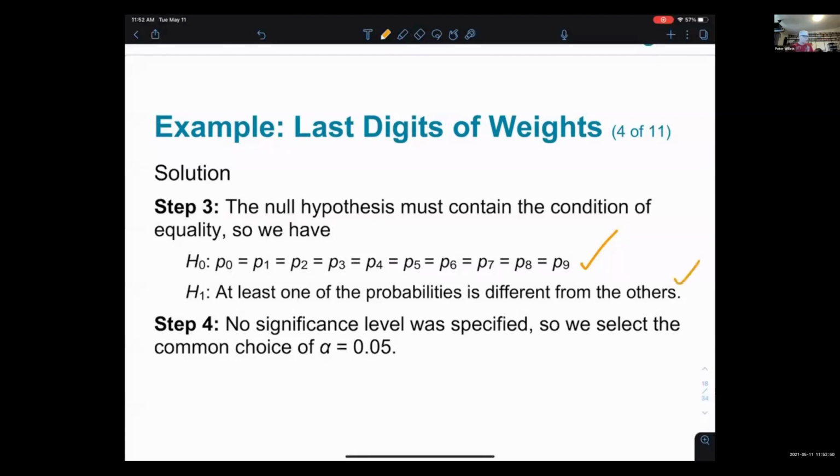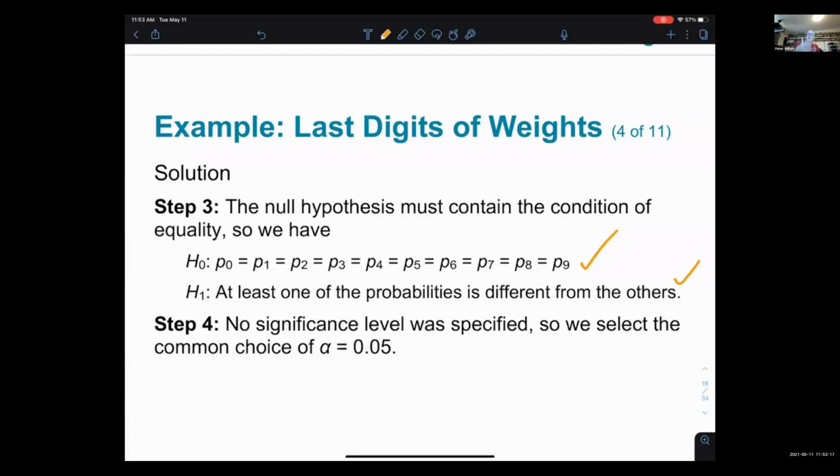So this is the general structure for a goodness of fit test. That basically the null hypothesis is that every category's expected value is equal to what you would observe, and that the alternate is always that at least one of them was not equal to what you expected. And in this case, we expect them all to be equal to each other, so that's what's written.